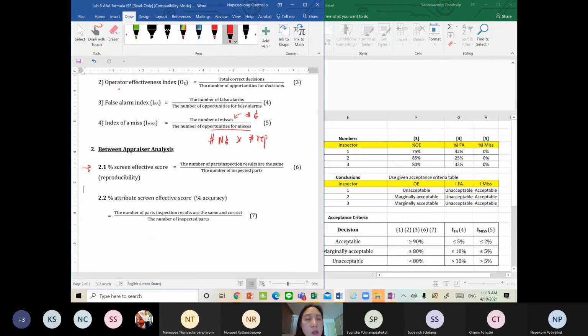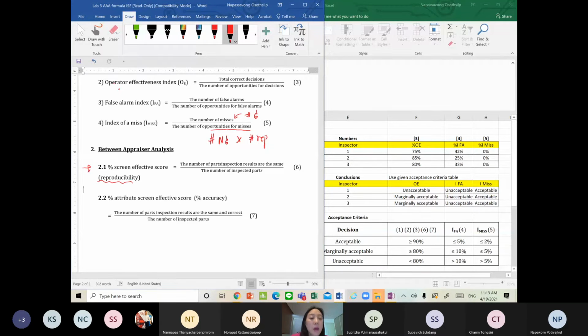Actually, instead of calling it repeatability, we will call it reproducibility. Reproducibility means repeatability among different operators or among different inspectors. So it's the same meaning as repeatability, but it's just the specific word for repeatability among different operators. So you can say percent reproducibility is 60% in this case.